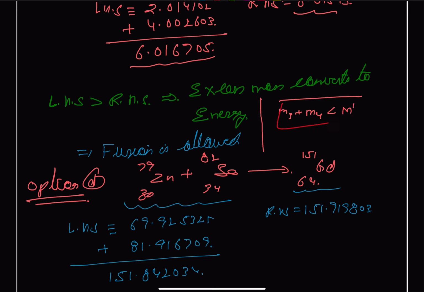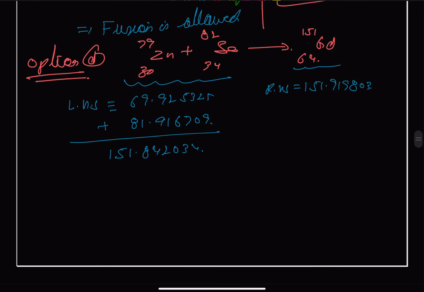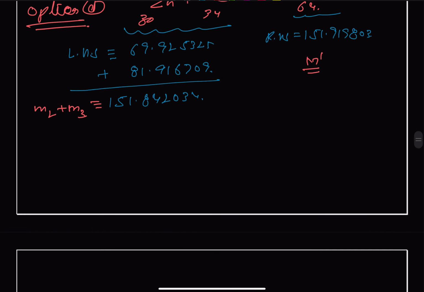This is the condition for the fusion. So this is our M prime, and this is the summation of our M2 plus M3. So from here we can clearly see that our M2 plus M3 is less than our M prime.